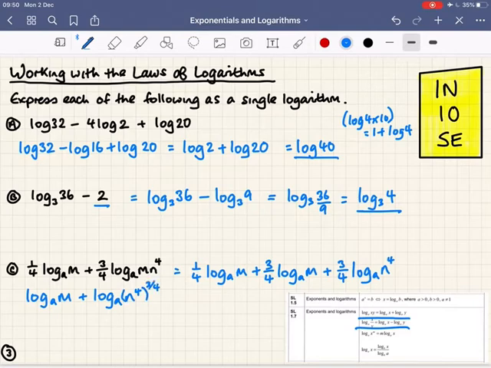Well, 4 times 3/4 is 3, so I end up with log a to base m plus log to base a of n cubed. And then I can bring those together because of that additive rule down here. So I end up with log to base a of m n cubed. And I'm going to put that in brackets there just to show that that's all together. So I've done what I've been asked. We've got a single logarithm there.